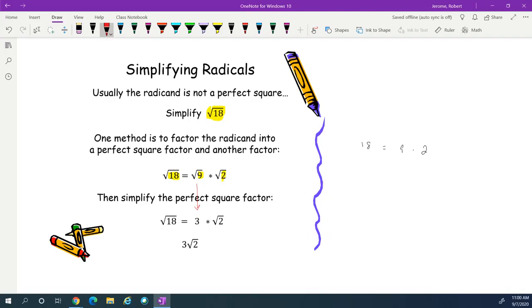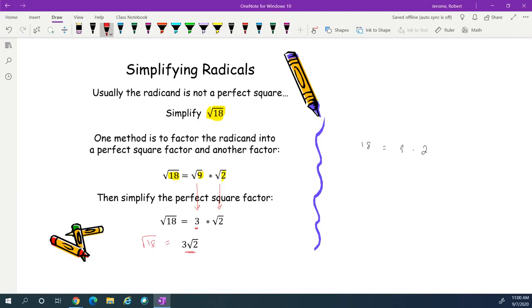And the answer is a 3 was squared to make the 9. That square root 2 just gets pulled down. So we end up with 3 square root 2. So the square root of 18, when we simplify it, is 3 square root 2.